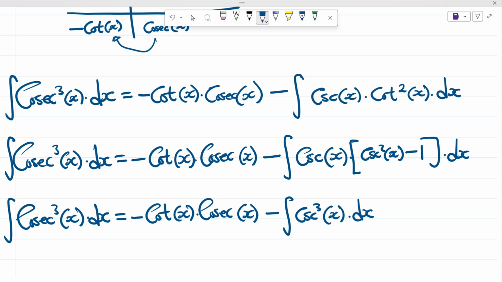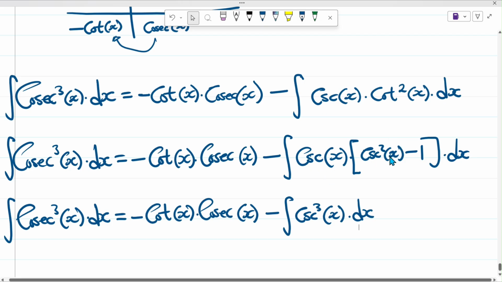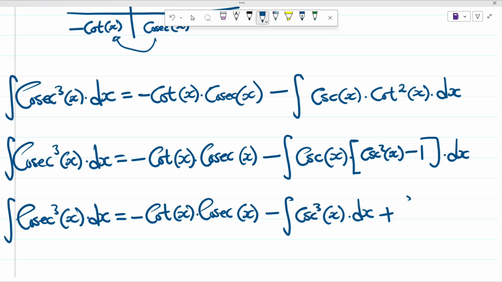So what did I do here? I multiplied cosec by cosec squared. Now I'm going to multiply again cosec by that one. So again, for that other one, it's going to be this negative multiplying this other negative, so it's going to form a positive. So it's going to be plus the integral of cosec of x dx, just like that.